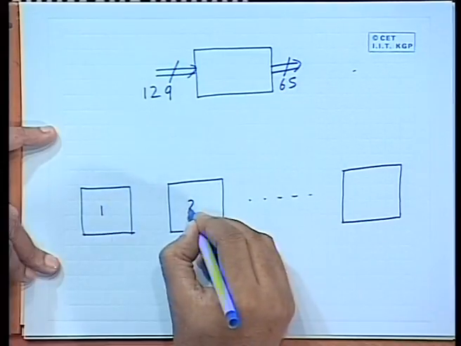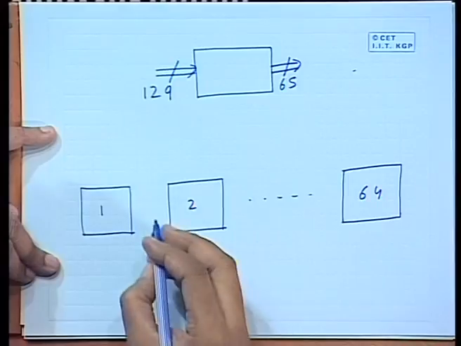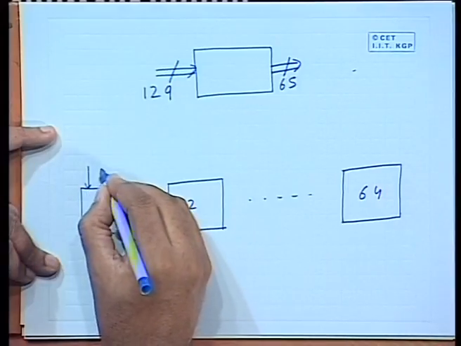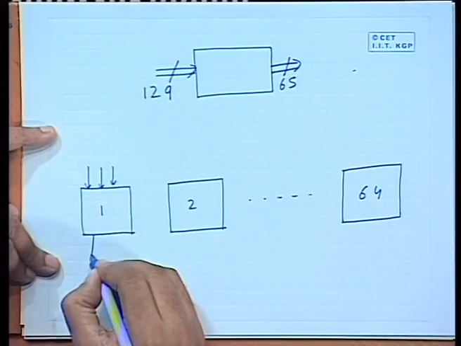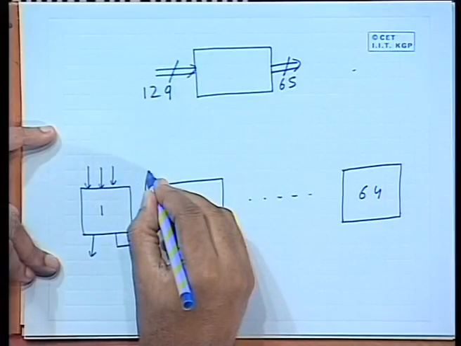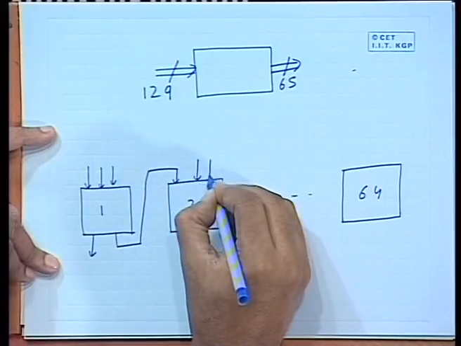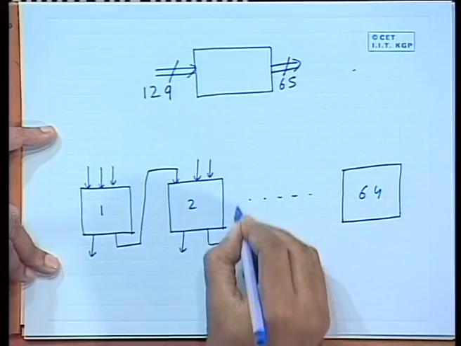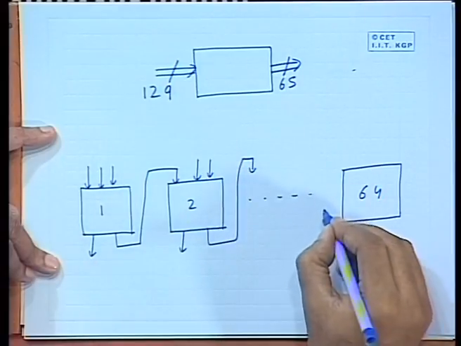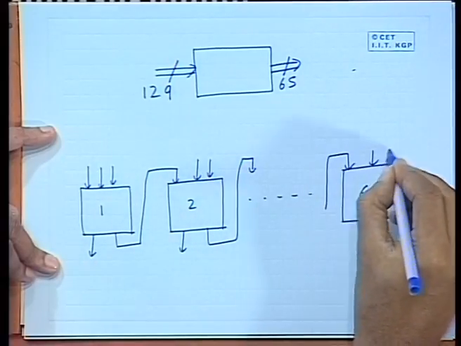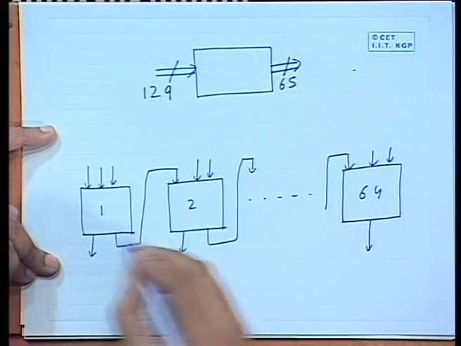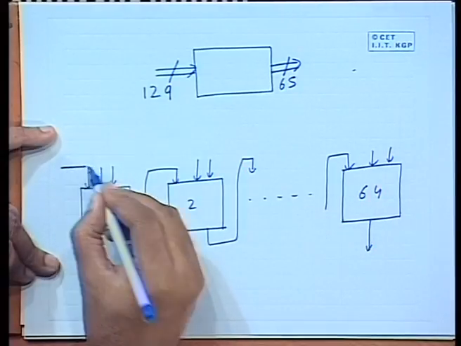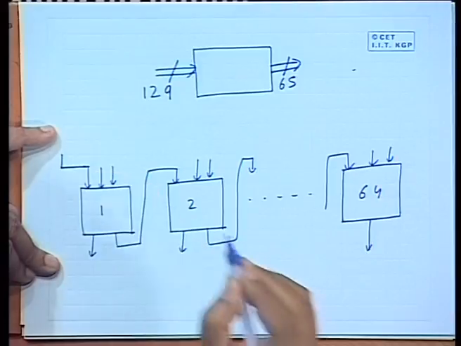These are the full adders 1, 2 and 64. So, each of these will have 3 inputs, and one sum and one carry will be going to the next one. So, it will look like this. The first one, the carry will be coming from outside. This is the carry in.